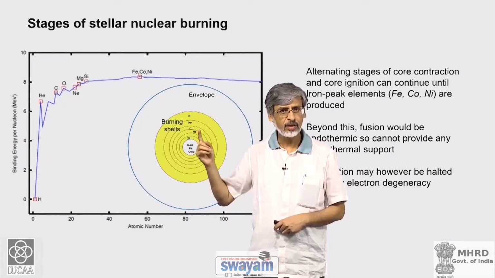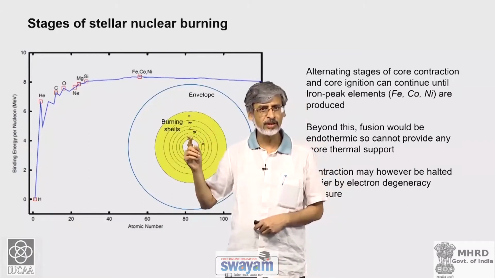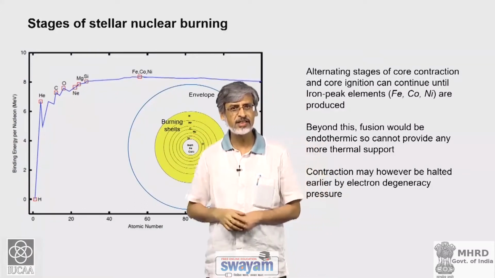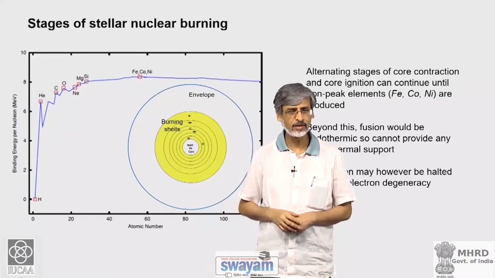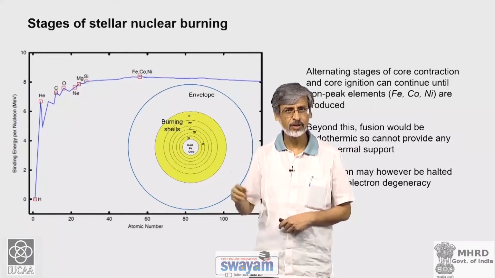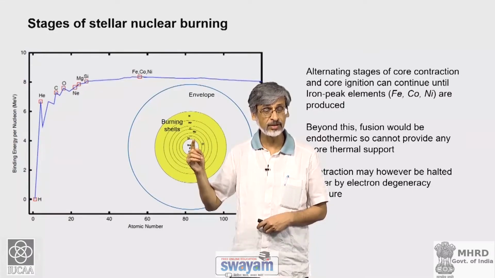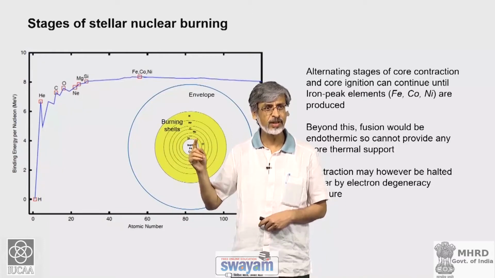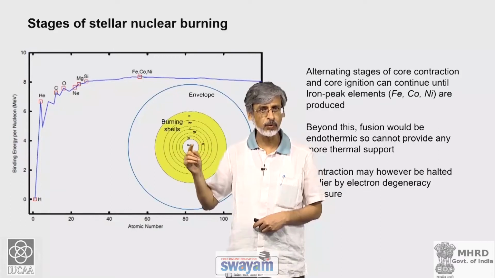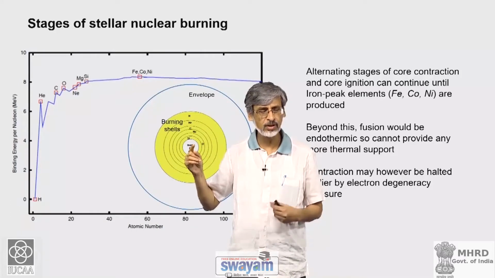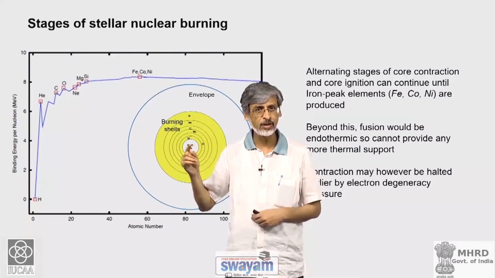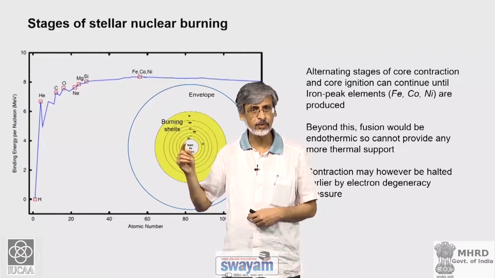Similarly, when you go through all these stages of nuclear burning, a shell of each stage will remain surrounding the core. So, just surrounding the iron core, there will be a shell of silicon burning. So, the silicon burning shell is converting silicon to iron, and that iron is going to be added to the core, and the core is going to grow in mass, because more and more ash from the silicon burning shell is added to the core.